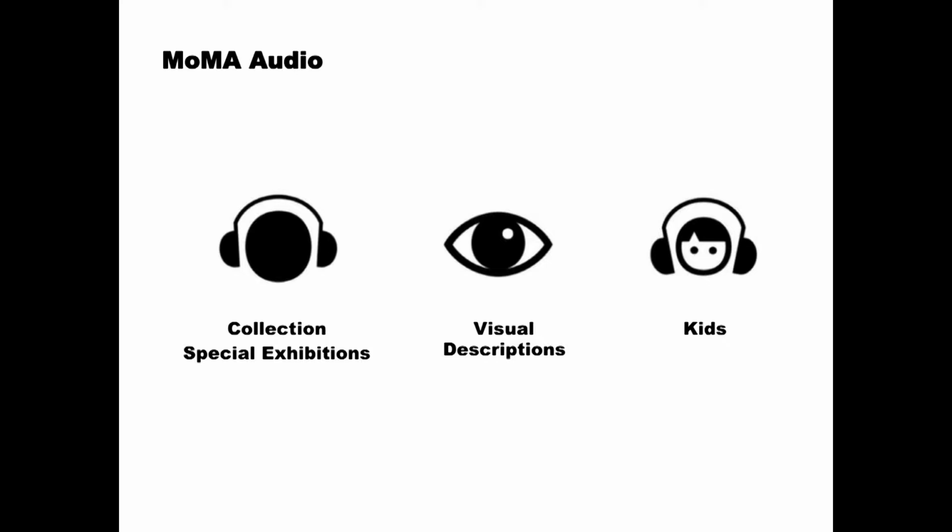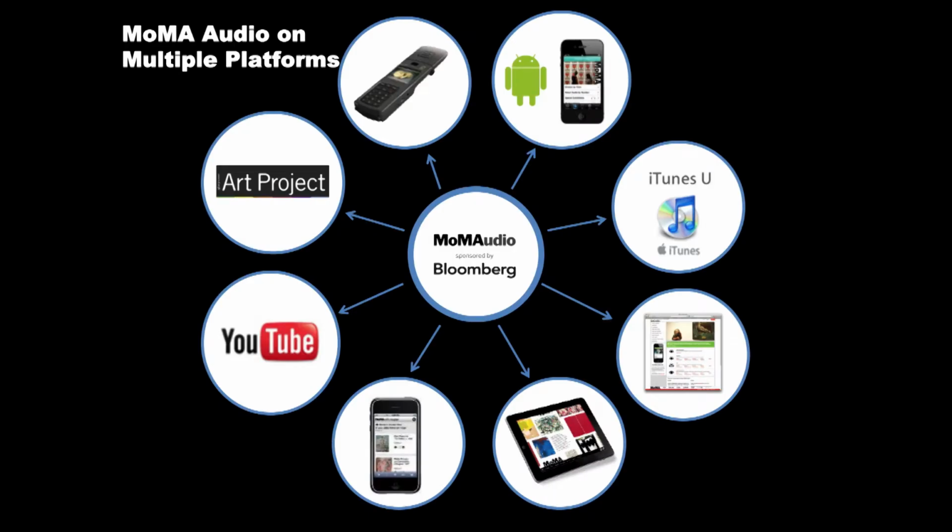Those tours are the only interpretive content that's free of charge and available in 9 languages at the museum. In 2004, the museum was able to start offering these free of charge thanks to generous corporate sponsorship. As a result, the audio has become one of the most widely used interpretive resources that MoMA offers.